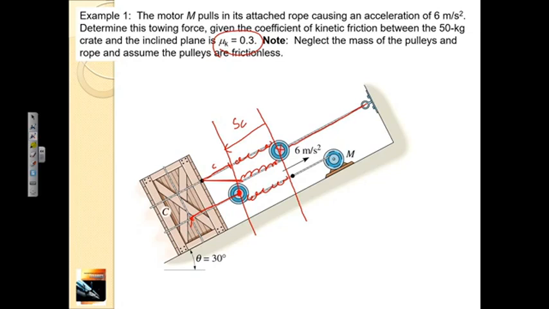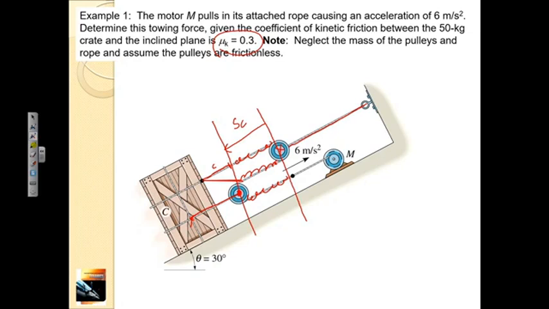I know how much that rope is accelerating. So if I took the derivatives now, I'd get L dot is equal to 3 times the velocity of the crate. L double dot is equal to 3 times the acceleration of the crate.